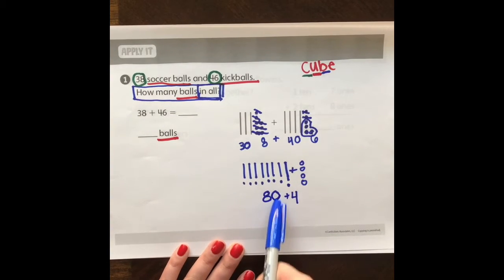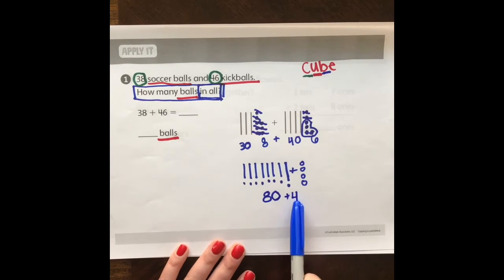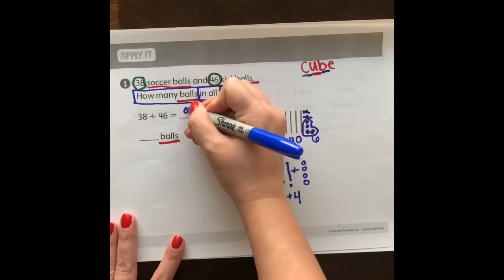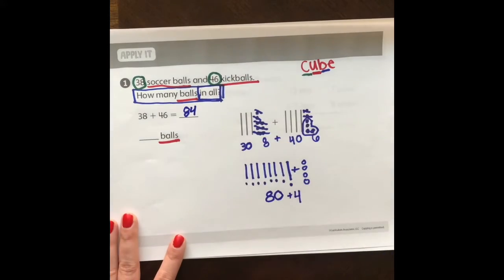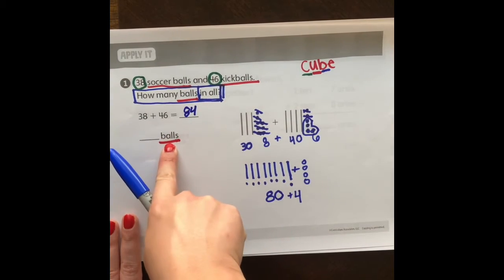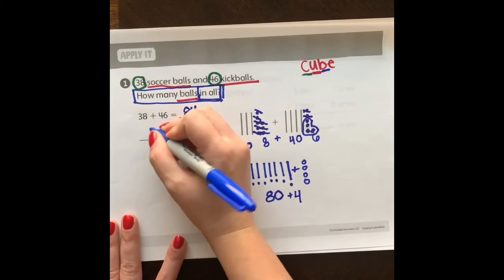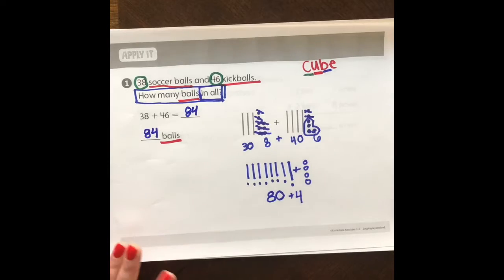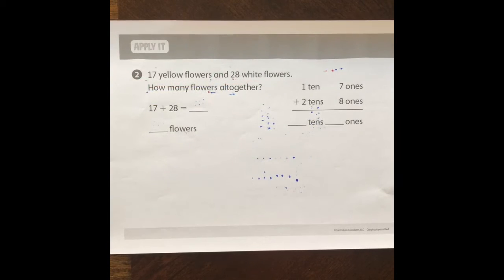There is nothing in the ones place in the number 80, so all we have to do is just add our 4 to 80, and we get 84. And what are we talking about, friends? Balls, you're right. 84 balls in all. Great job.